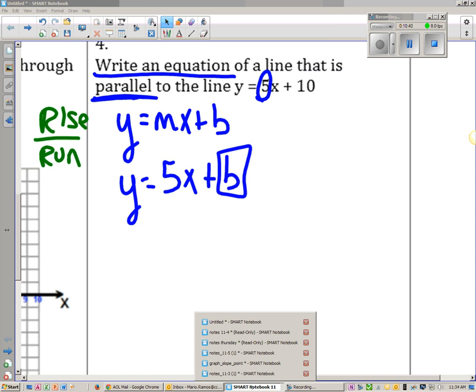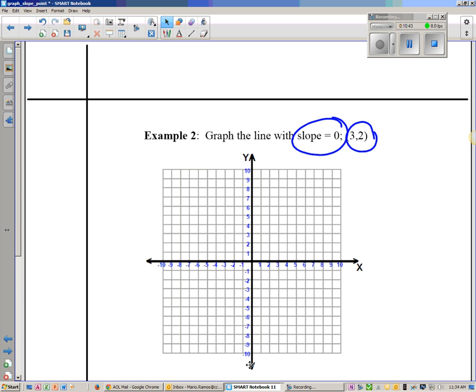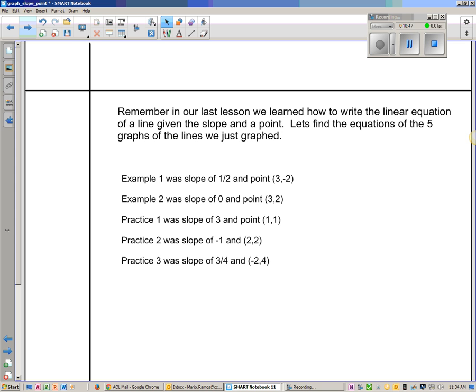Here, if you would have also looked at your notes from the graphing one that we did, some of the problems that we did here. It says, remember in our last lesson we learned how to write a linear equation of a line given the slope and a point. Let's find the equations of the 5 lines we just graphed. So we had worked these examples in our notes where you were given a slope and then you were given a point, and how to come up with y is equal to mx plus b.